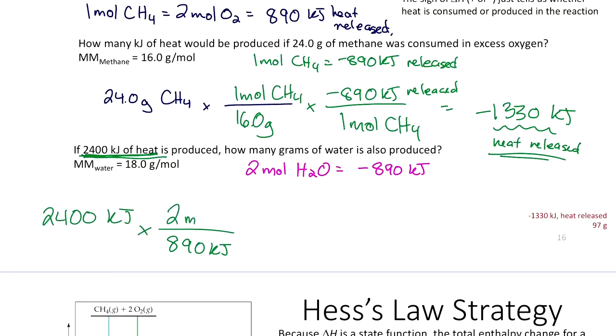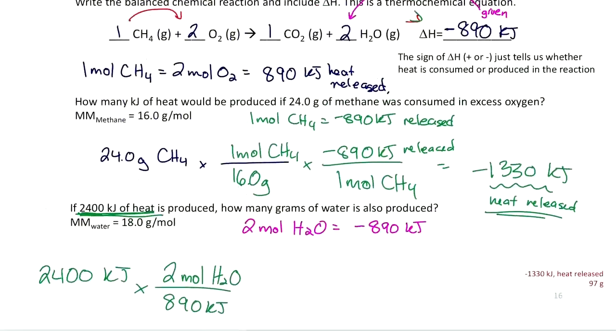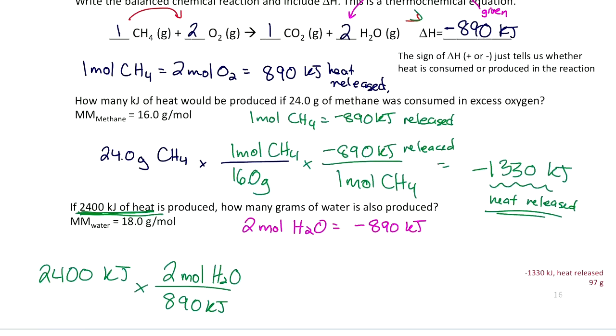We also get 2 moles of water in that process based upon the stoichiometry up there. I can put released for both of them. The sign just tells us the direction. This question asks for grams. Right now we're in the unit of moles, so you know how to do that. For every 1 mole of water, it's 18 grams.